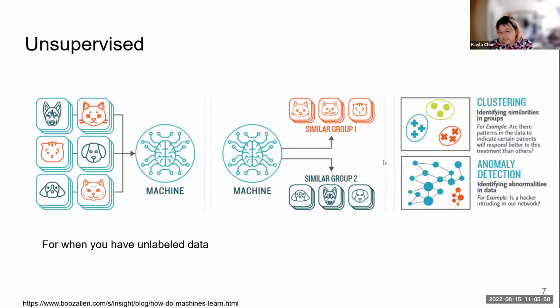But once you see the clusters, we can see that they sorted them into cats and dogs for us. So that's one of the tasks you can use unsupervised learning for, clustering. And then another example is anomaly detection. So if one subset of your data is abnormal compared to the rest, it can also do that.